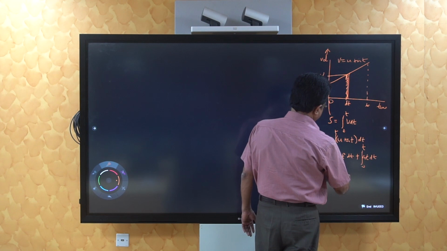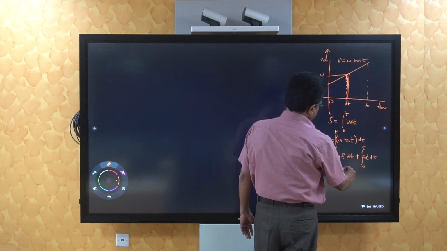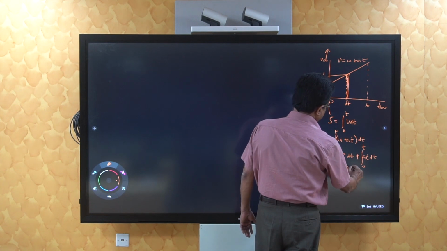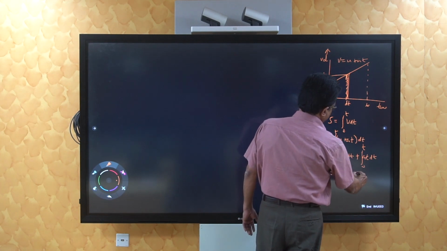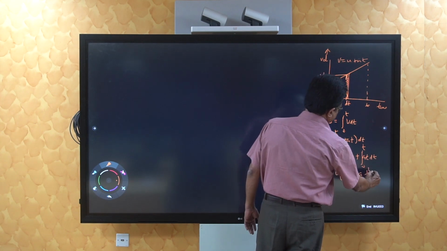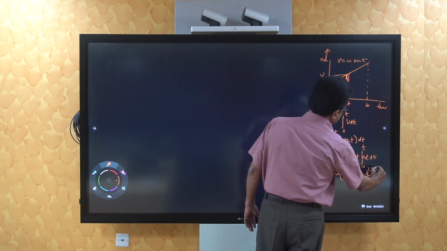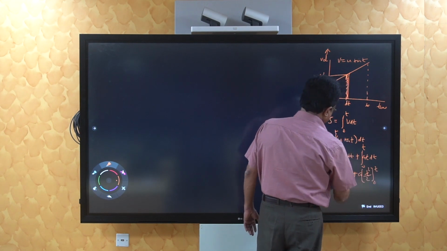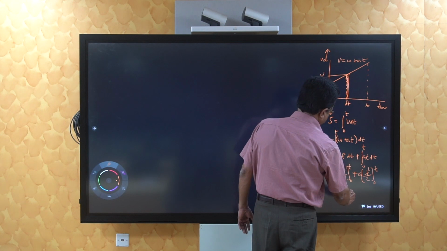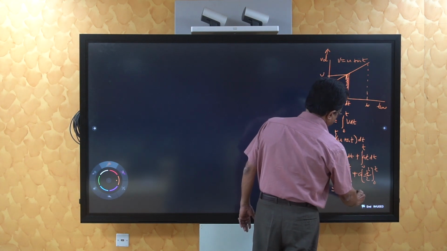This is u into t raised to 1 by 1 from 0 to t, plus a into t square by 2 from 0 to t. Simplifying the upper limit and lower limit, you get ut plus half at square.